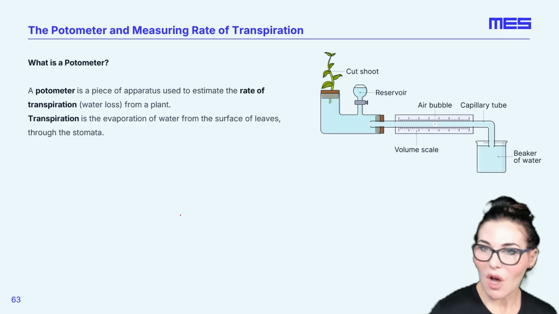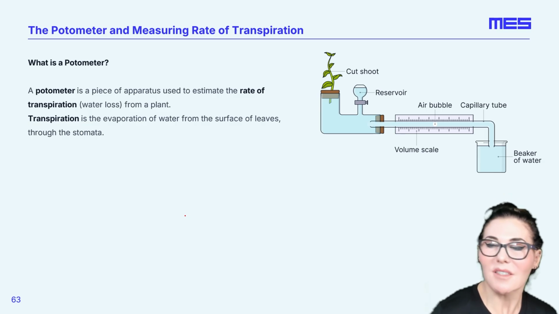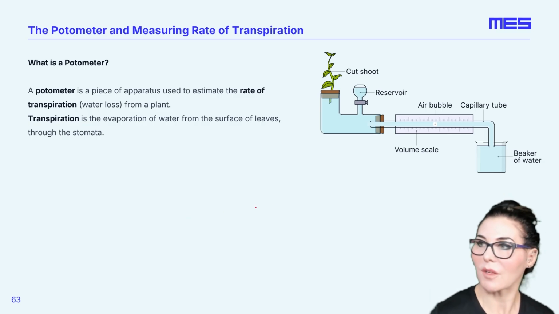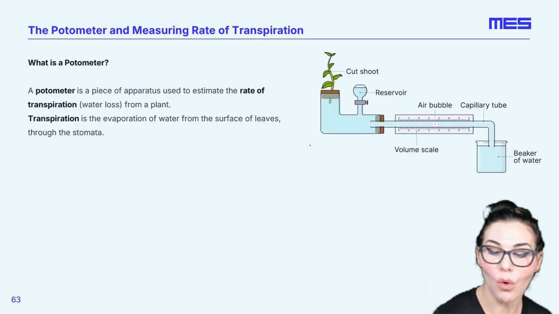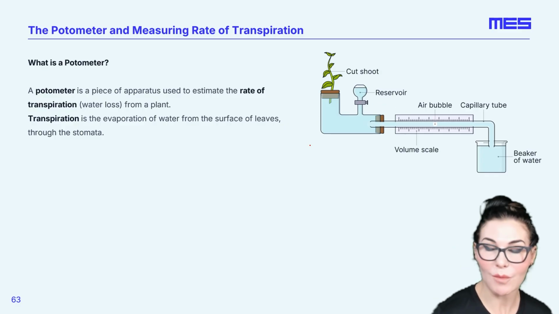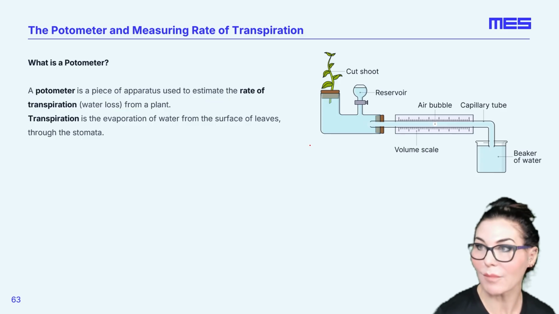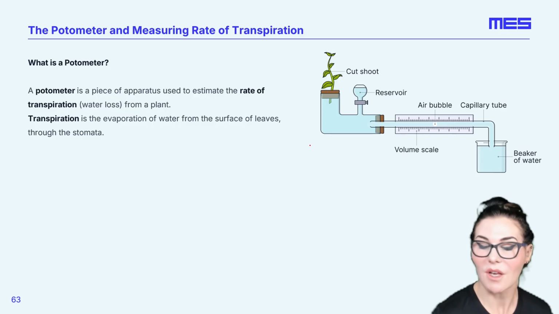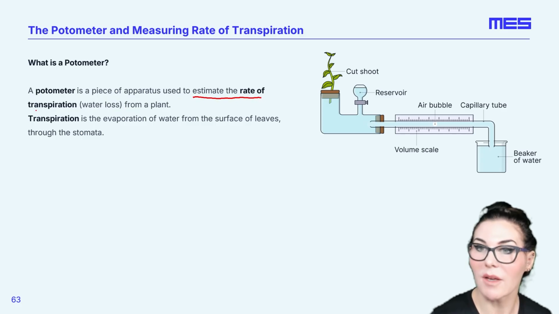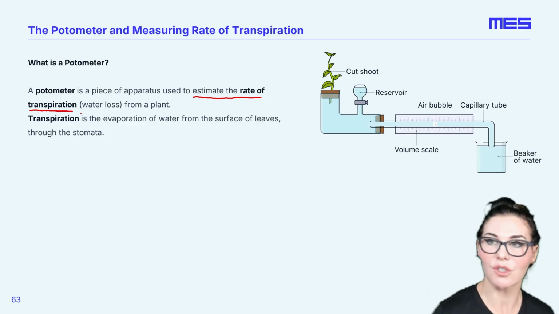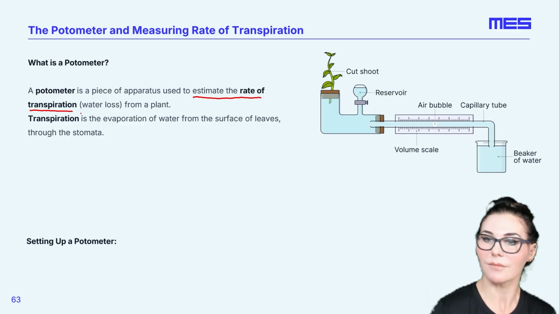The idea of the potometer, though, is it's very much an estimate of the rate of transpiration, because water moving through a plant isn't all lost through transpiration. Some of that water will end up going into cells and being used by the cells for various things. So just be aware that this is very much just an estimate, a piece of equipment used to estimate the rate of transpiration from a plant.